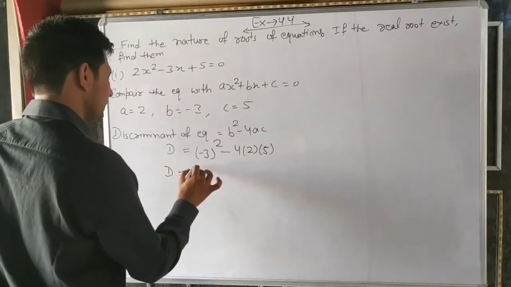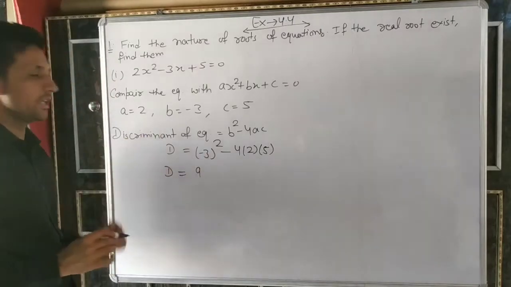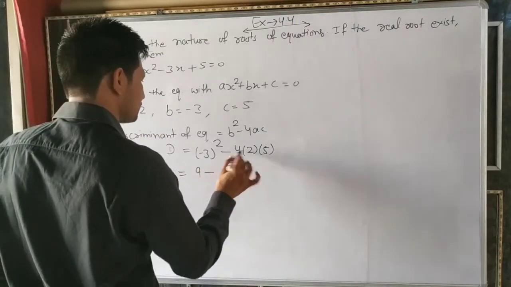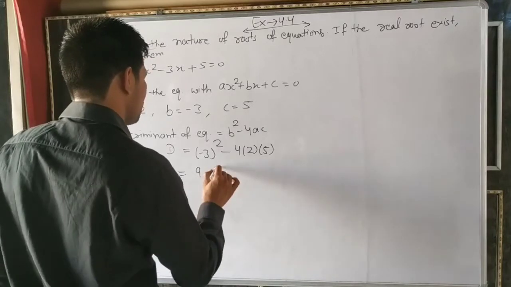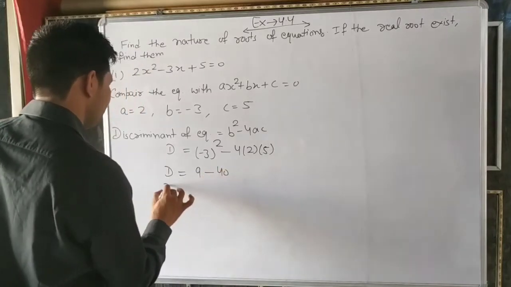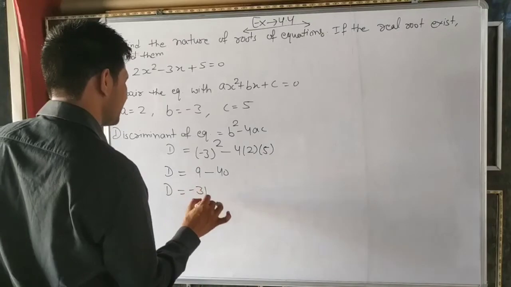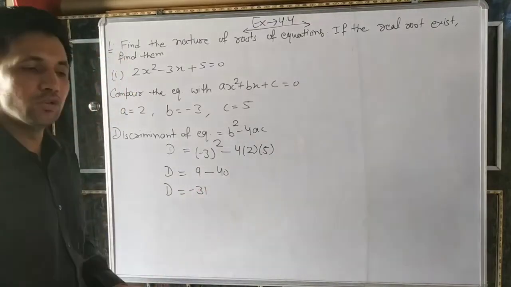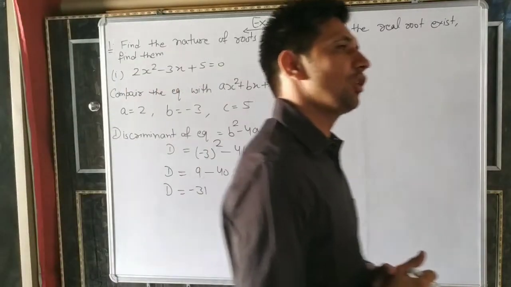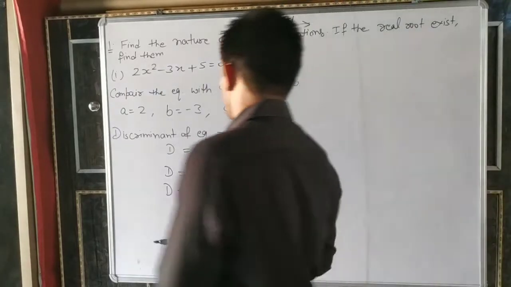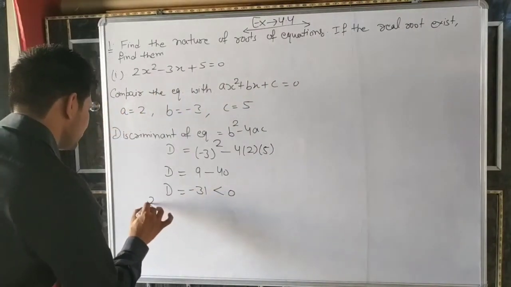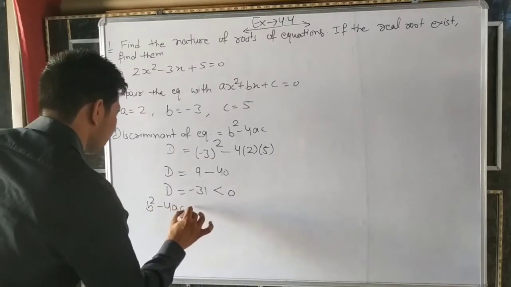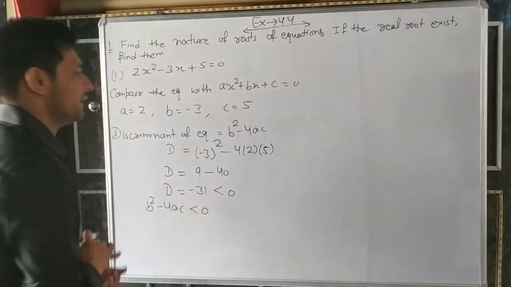So D equal to 9, minus 3 square is 9, minus 4 into 2 is 8, into 5 is 40. So what comes? D equal to minus 31. Is it equal to 0, or greater than 0, or less than 0? It is less than 0. So you can write b square minus 4ac less than 0.